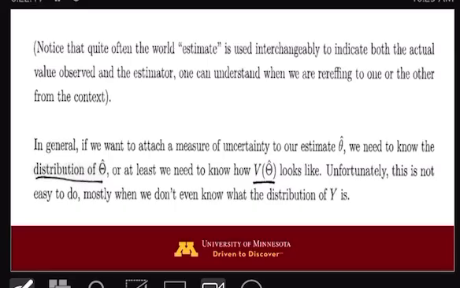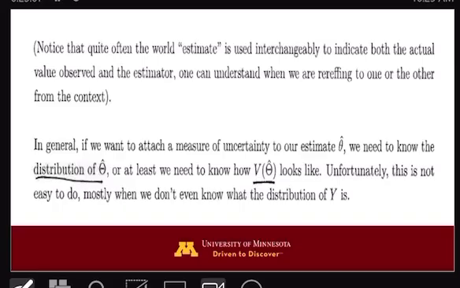If it is a random variable, then we need to know its probability distribution, or at least how the variance looks, because it gives results that vary. Variance exists for it. That is the meaning. There's variation.